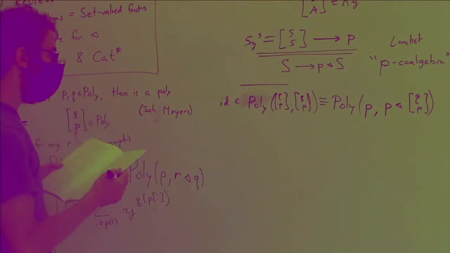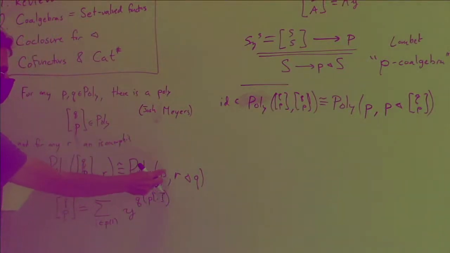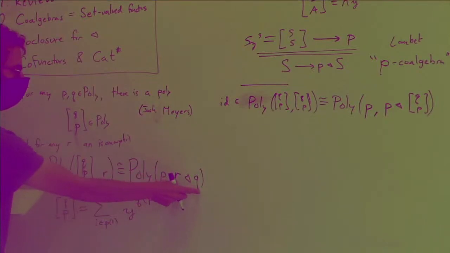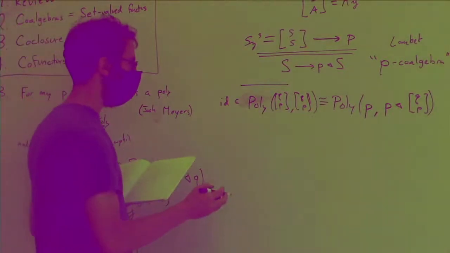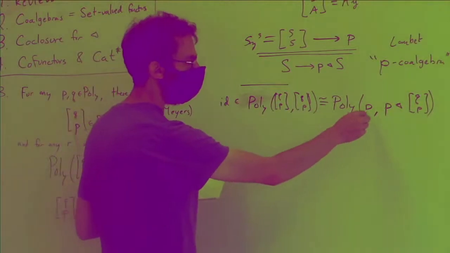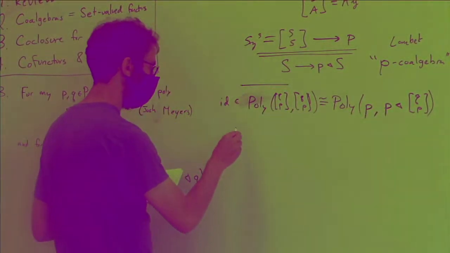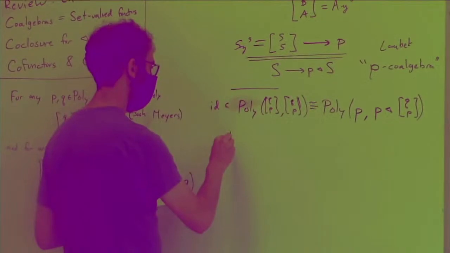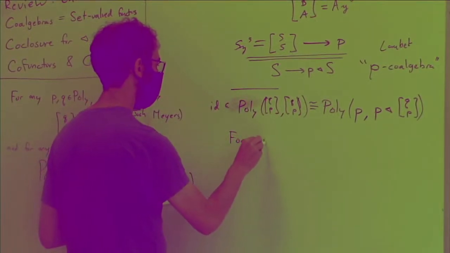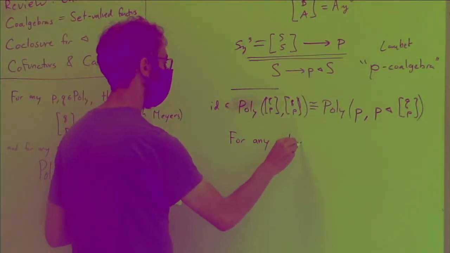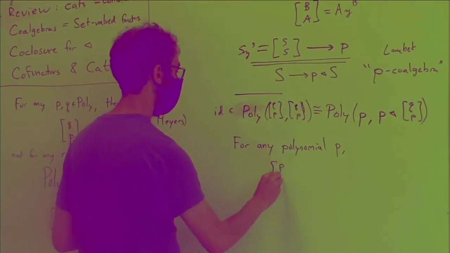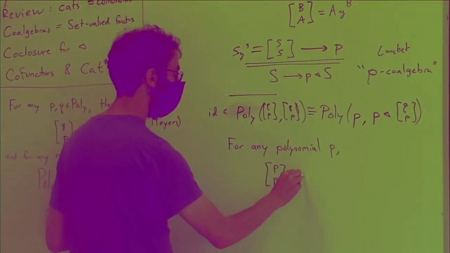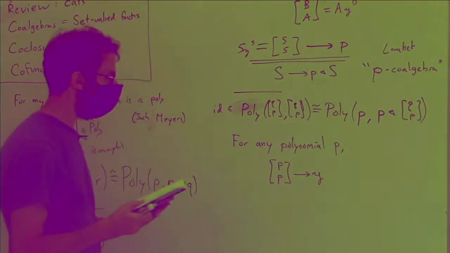OK, so what I want to do, there's another thing we could do. We could put R composed Q in for P here, and then get R composed Q here and get a special map like that. I'm not going to need that, but you could do it. It's a good thing to do. But the point is I get a special map here, and I want to use that for something. And that is, for any polynomial P, I get a map from PP to Y. Why?